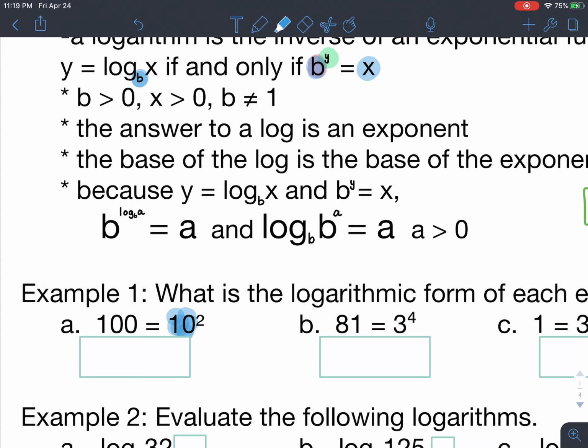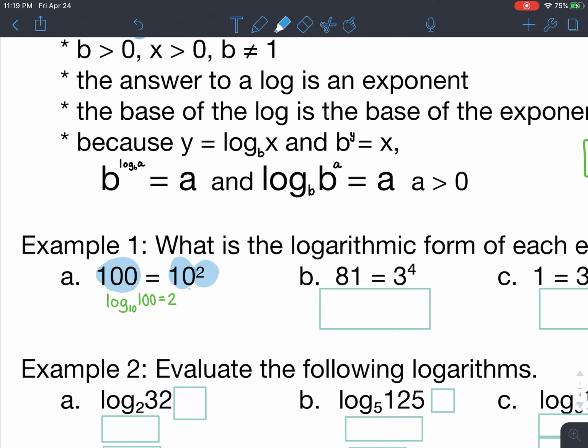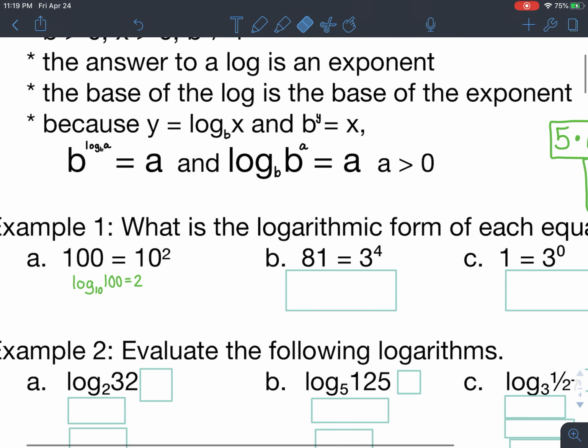So this is going to be log base 10 of something equals 2. Well, who's the only something left? Right, it's 100. So log base 10 of 100 equals 2. So let's look at that again. Log base 10 of 100 equals 2. So that's how you change an exponential form into a logarithmic form.